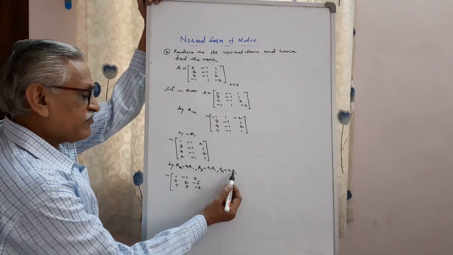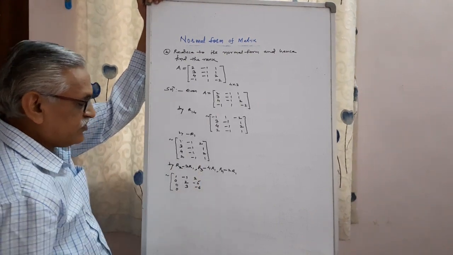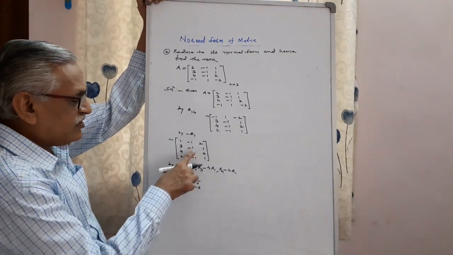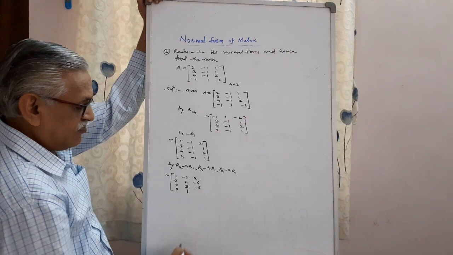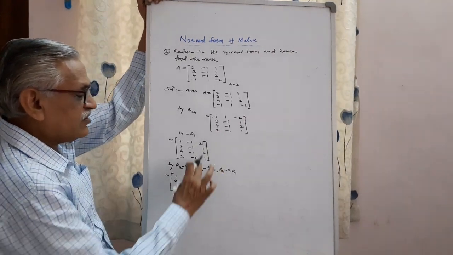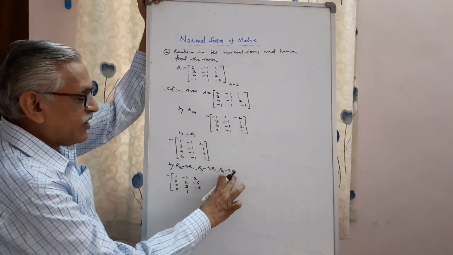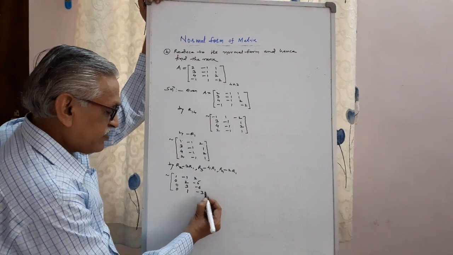Then applying R4 minus 2R1, we get 0, then -1 plus 2 is 1, then 1 minus 4 is -3.